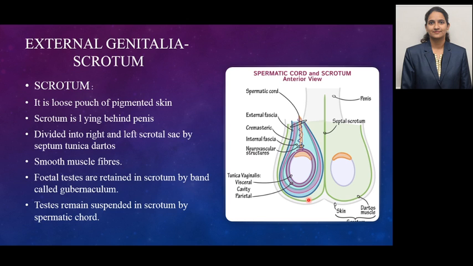Now, what is the role of these muscles? External fascia, cremaster, and internal fascia are all together part of the dartos muscle, which performs the function of drawing the scrotum towards the body or away from the body. Why is there drawing towards or away from the body?